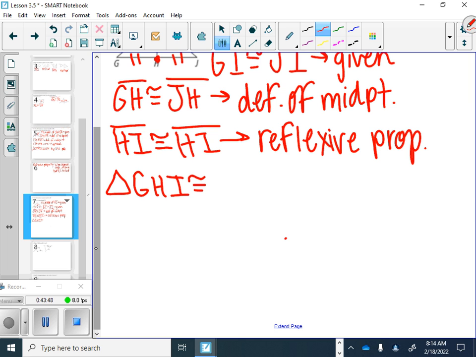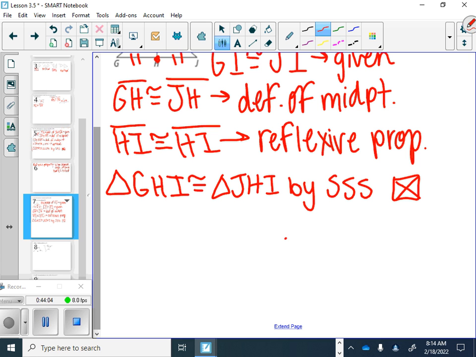You could have worded that a different way, you just have to be consistent. And how are they congruent? Side, side, side. Then be sure you have your little box, whether you put an X in the middle or color it in, to signify you're done. Questions on that one?